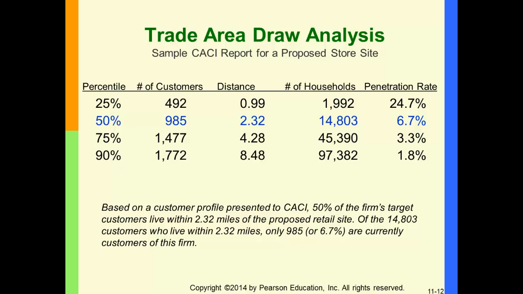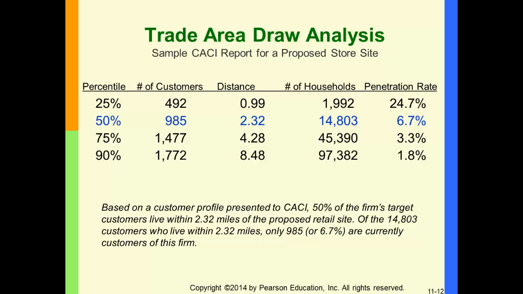Geocoding can also be used to identify the best location for retail outlets, for a marketing organization that wants to look at expanding its retail presence. In this example, 50% of the store's customers live within a 2.32-mile radius of the store.